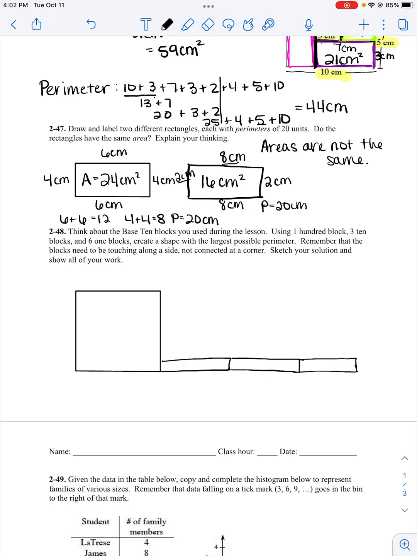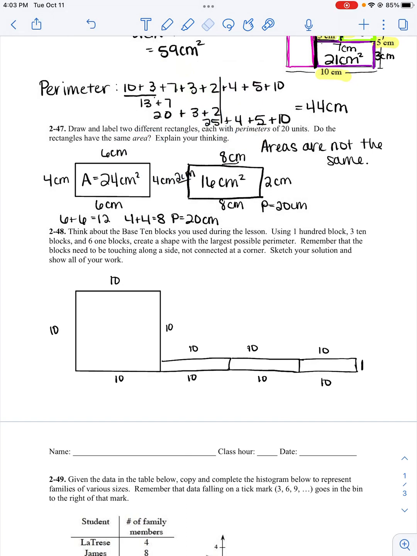Okay, so right now, before I add my 6 ones blocks, I have 10, 20, 30, because I'm including this line here, 40, 50, 60, 70, 80, 90, 100. Okay, now I need to put these 6 blocks in a way that I'm going to increase my perimeter.